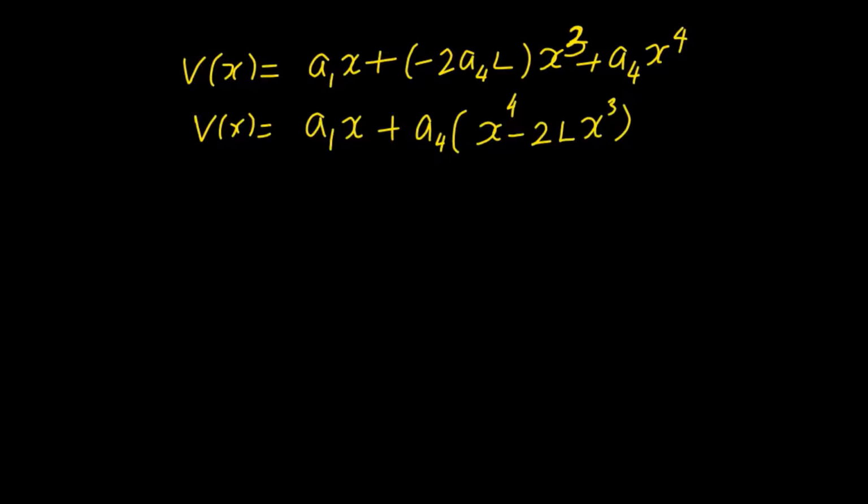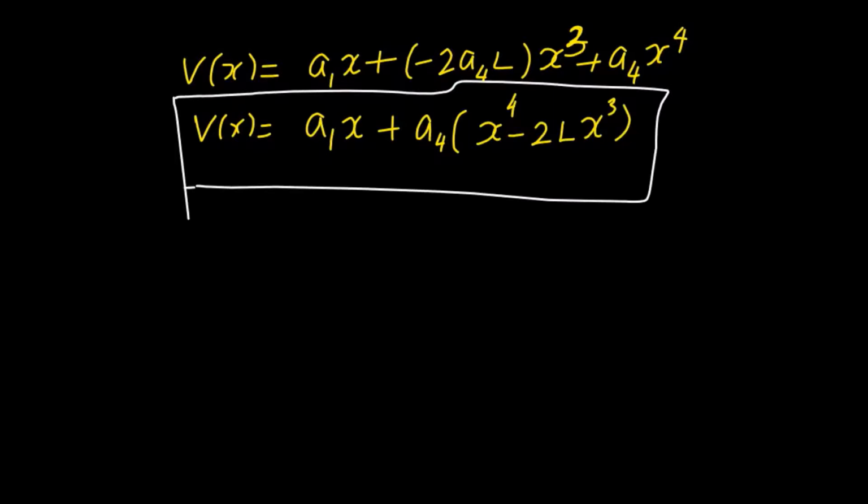So that is the value of v of x. Okay, I got it. So that is our new modified trial solution. All I need to know is two values. If I know the value of a1 and a4, I can tell what is the value of displacement at any position.